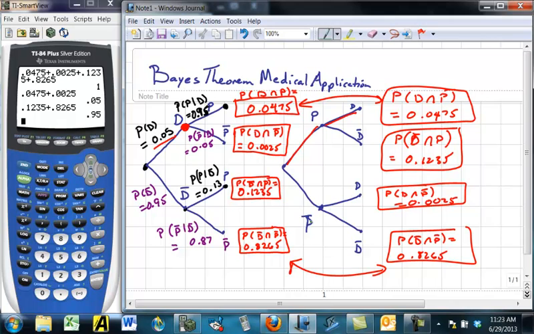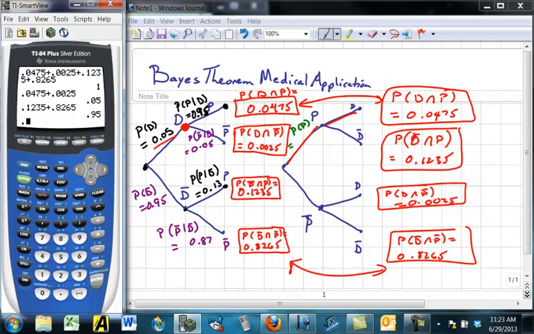Well, remember how these two probabilities add up to this one over here? Well, we can use that fact to add these first two probabilities to get this one, which is the probability of just a random person testing positive. So 0.0475 is the probability that it's a person with a disease testing positive, and this one is a non-disease person testing positive.